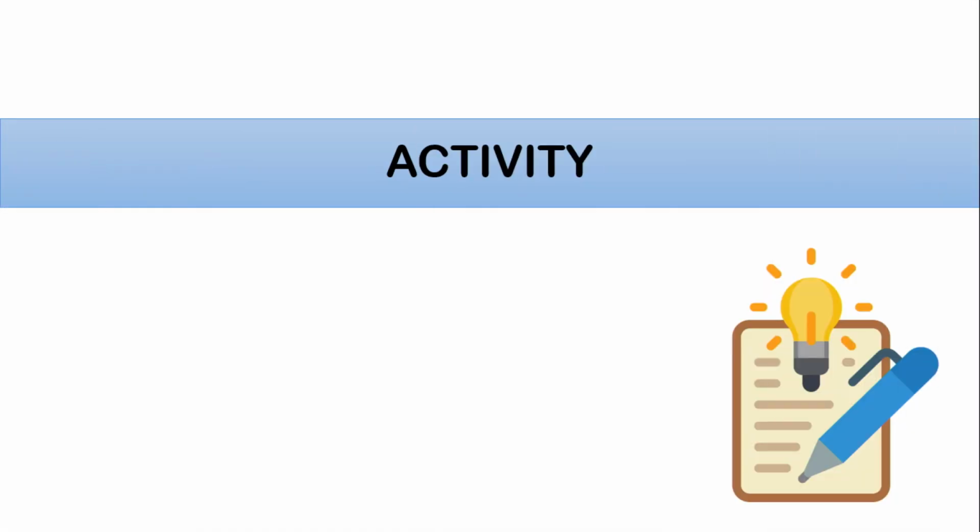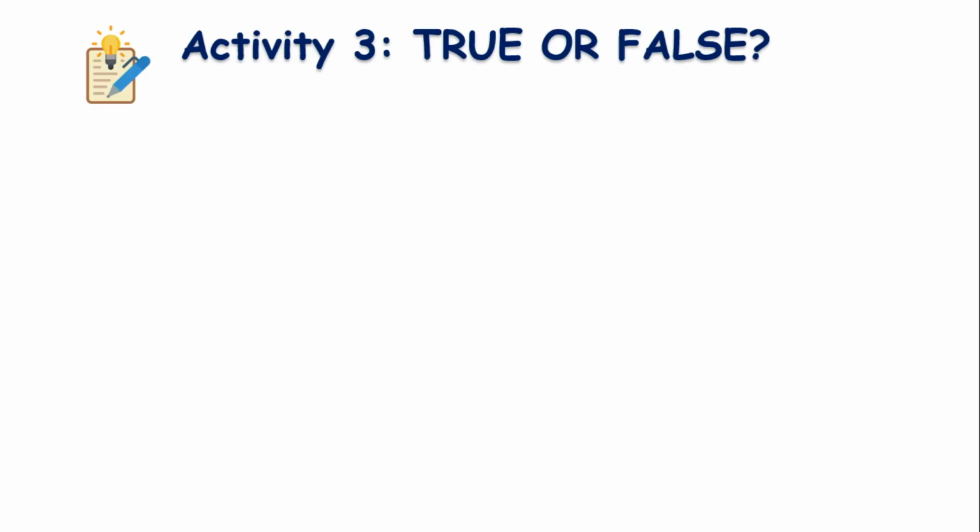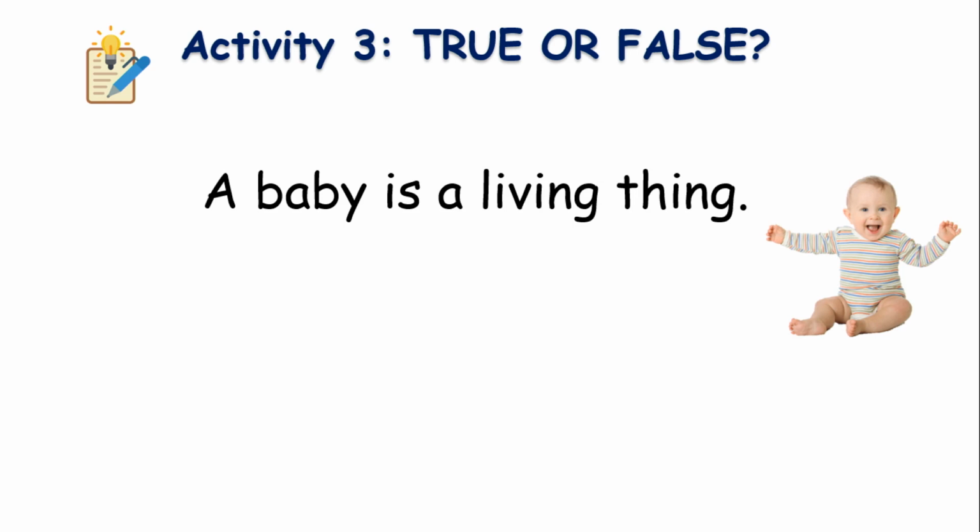Now, let us see if you have understood the lesson in this last activity. In this activity, state whether the statements are true or false. First one, a baby is a living thing.